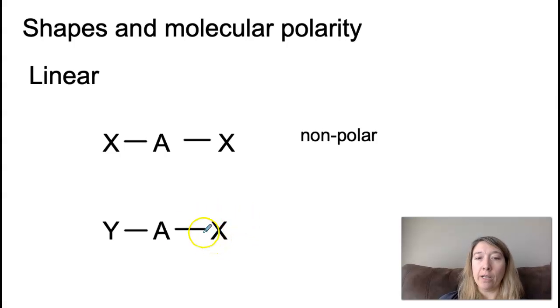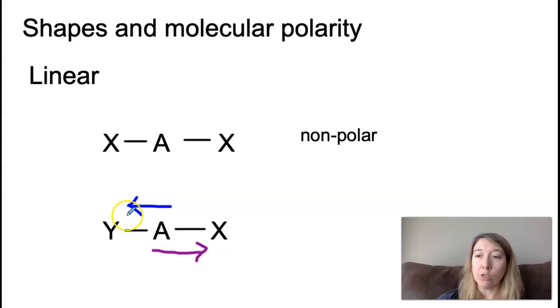If Y is more electronegative, the general pull for electrons within the molecule is going to be towards Y. If the X is the more electronegative one, then the general pull for electrons is going to be towards the X.